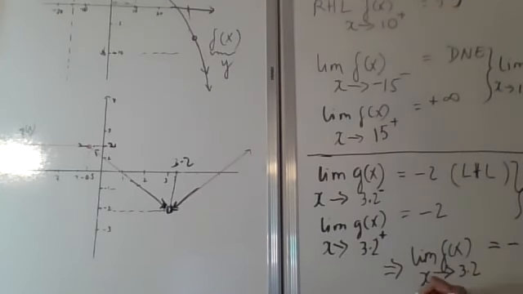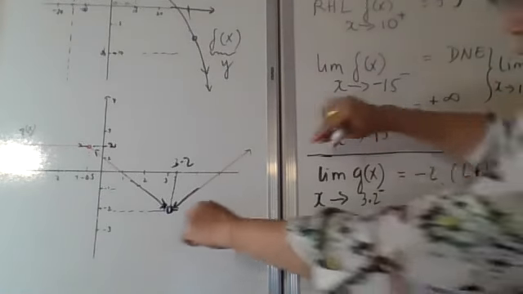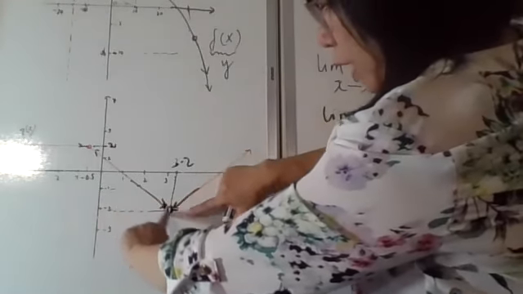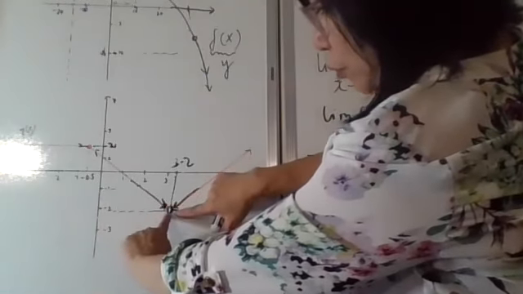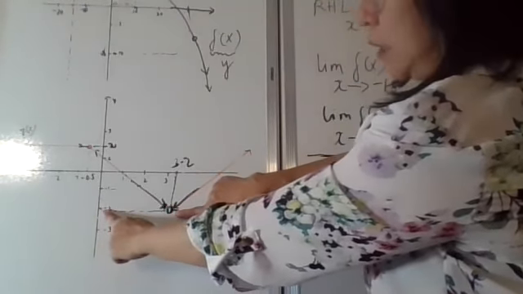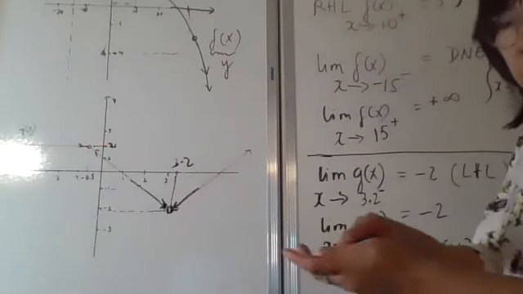And what is the reason? The reason is the left-hand limit equals the right-hand limit equals minus 2. The function of y approaches minus 2 from both the left as well as the right. So that's how you find the limit on the graph.